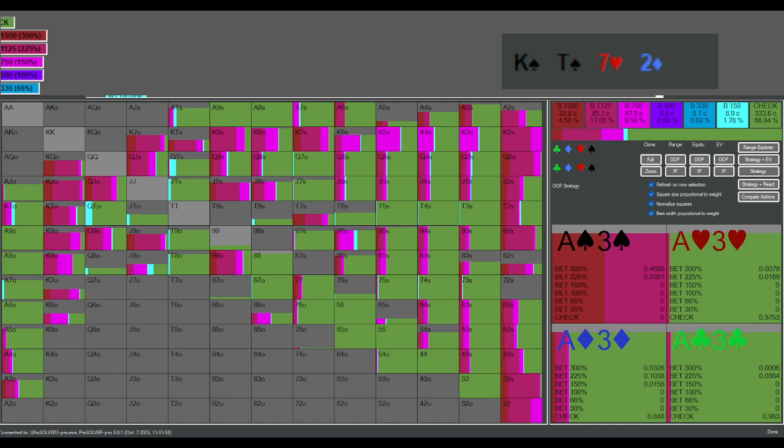So now on a real brick like this, you'll notice that I gave slightly different sizes in this tree. I have pot, 150, 225.